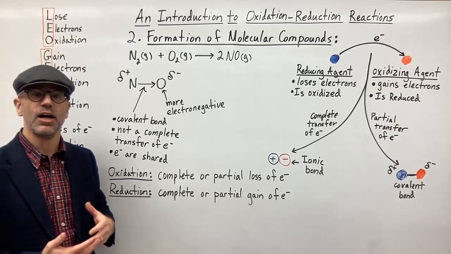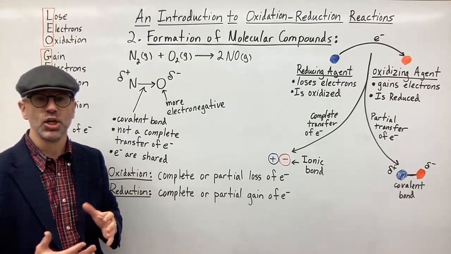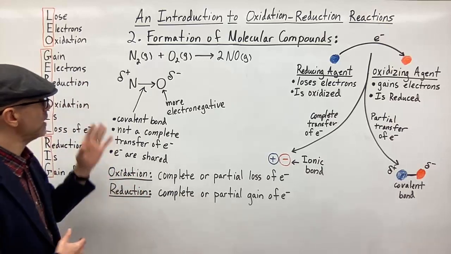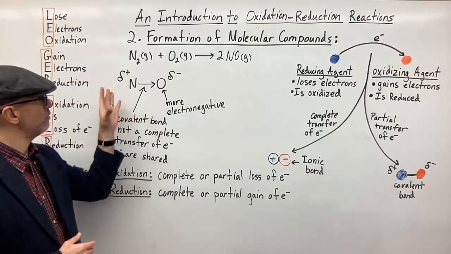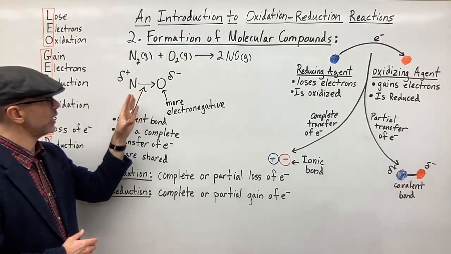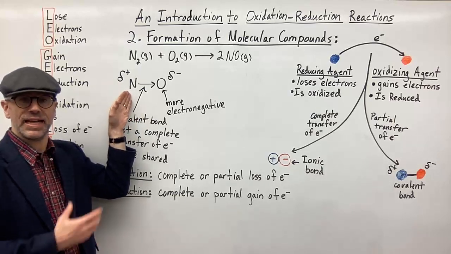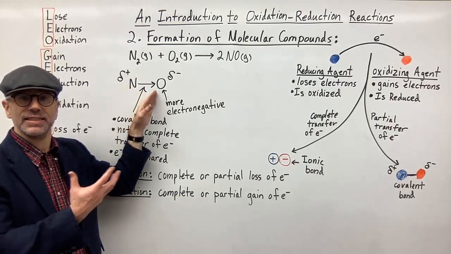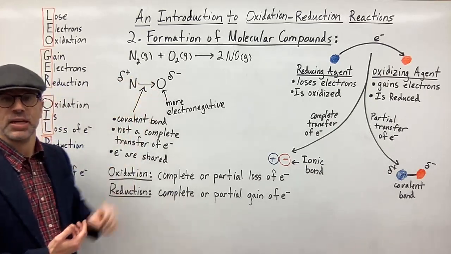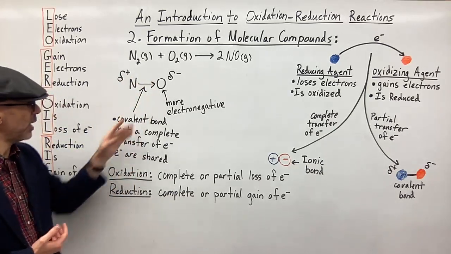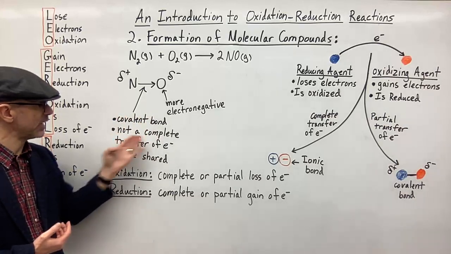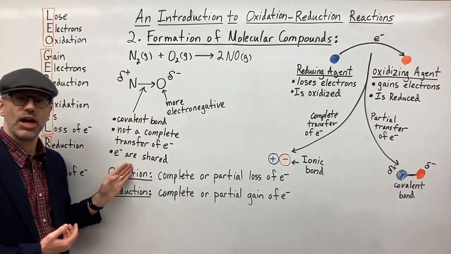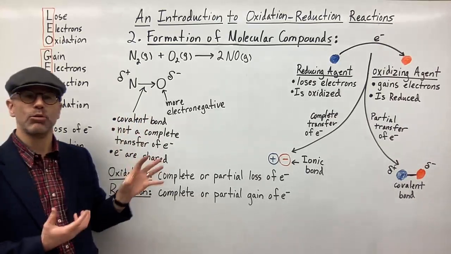But the idea of oxidation reduction still applies, because you still have, in some way, partially, the electrons being taken away from nitrogen and partially given to the oxygen. And so here in the covalent bond, you don't have a complete transfer, but a sharing of the electrons, but it's not an equal sharing.